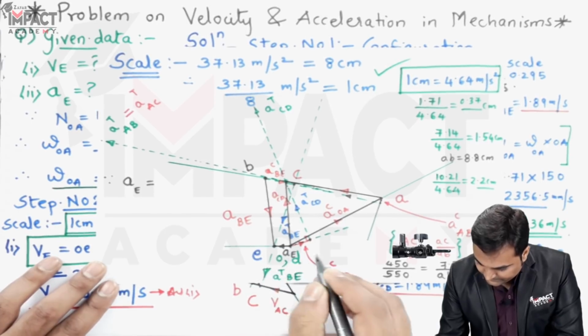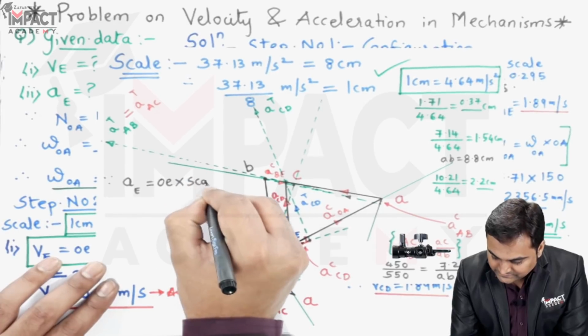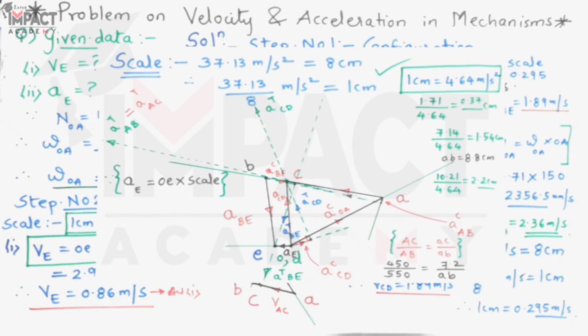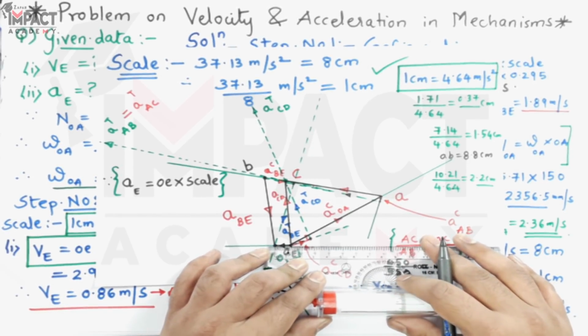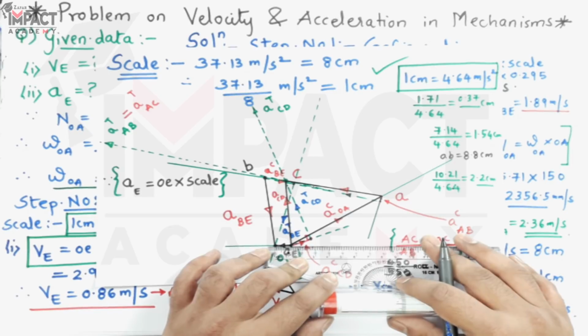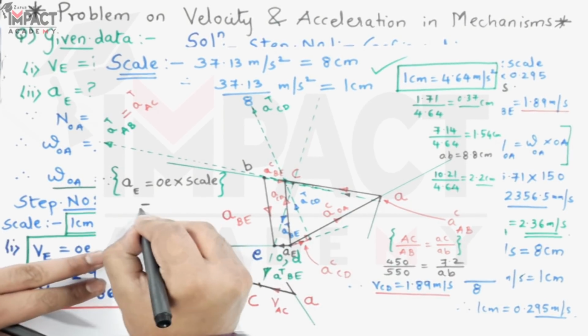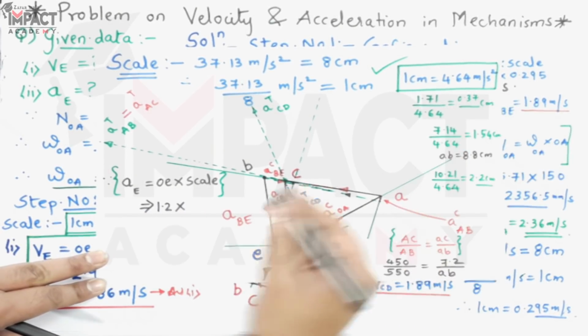Acceleration of slider E is distance OE into scale. OE distance, I'll measure it from here in centimeters. It is 1.2 centimeter into the scale, which is 4.64.